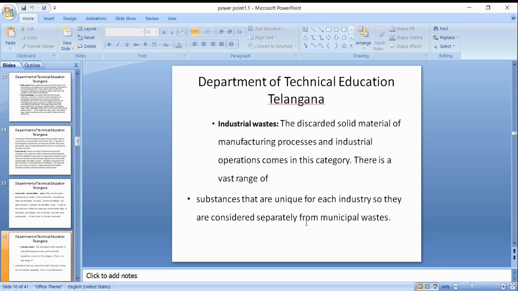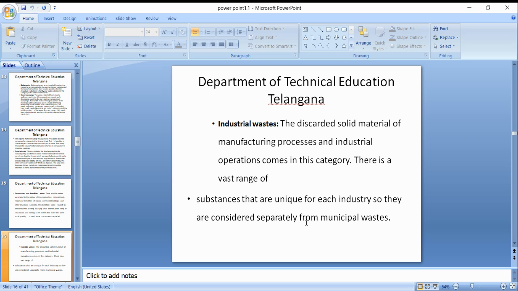So industrial waste is discarded solid material from manufacturing processes and industrial operations. There is a vast range of substances that are unique for each industry. Different industries produce different types of waste, whether the plastic industry, glass industry, or food industries.